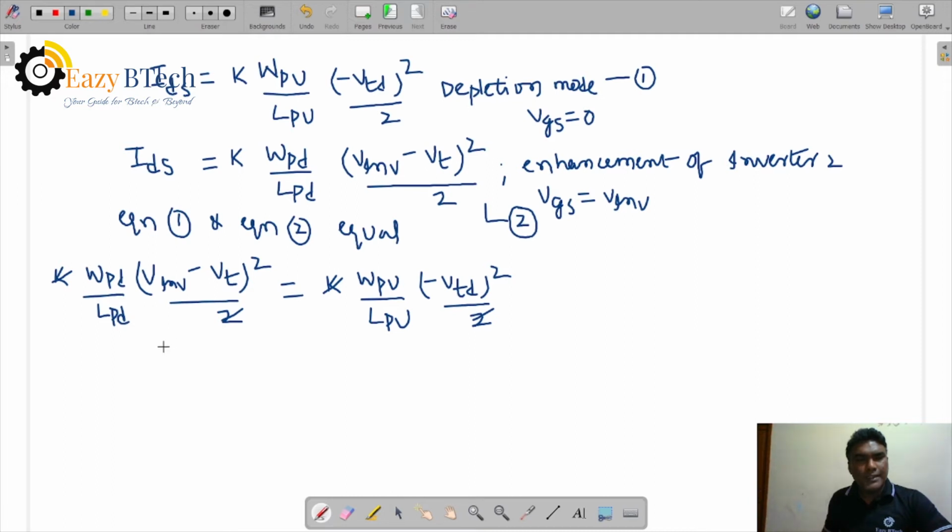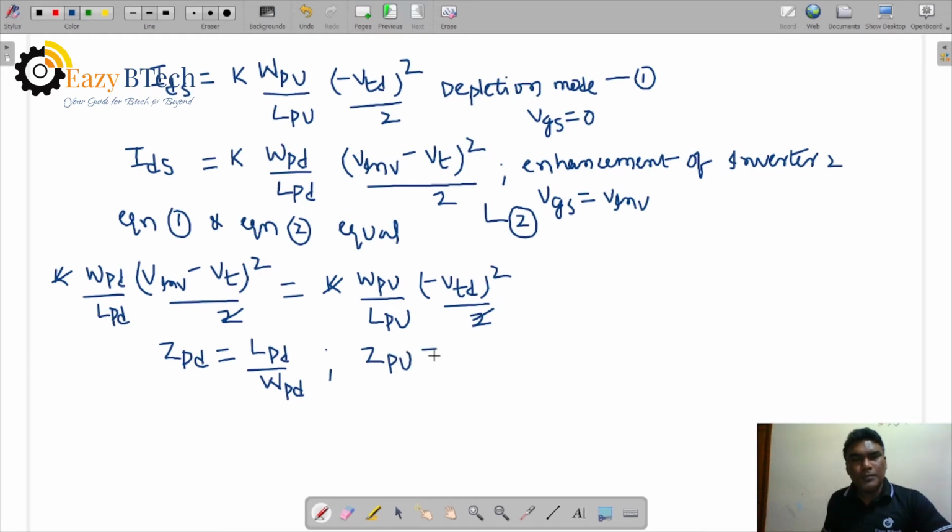So we have Z pull up and Z pull down. Z pull down is equal to length pull down by width pull down. Z is the impedance parameter, in terms of the width of the polysilicon and the length of the channel.